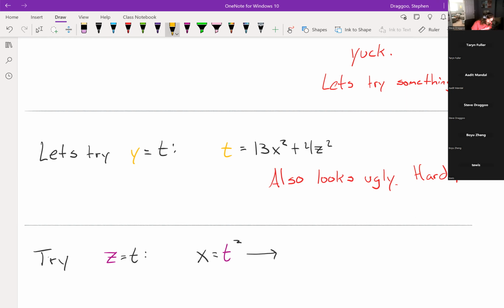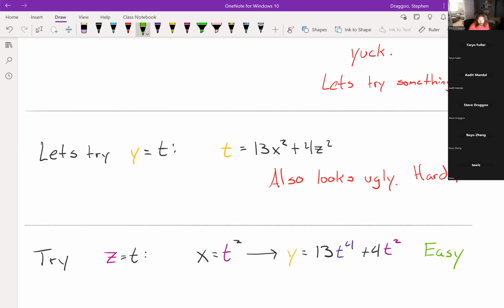I can then plug into the other equation, y, which is 13x squared plus 4z squared, will become 13t to the fourth, since x is t squared, squared is t to the fourth, plus 4z squared, which will look like 4t squared. And just like that, we have each of our three variables parameterized.